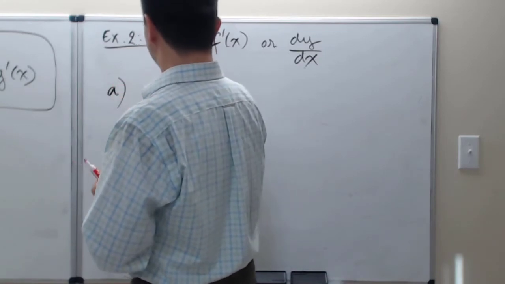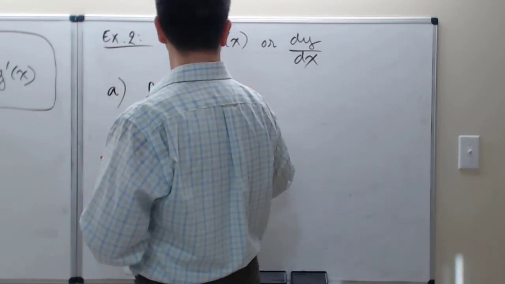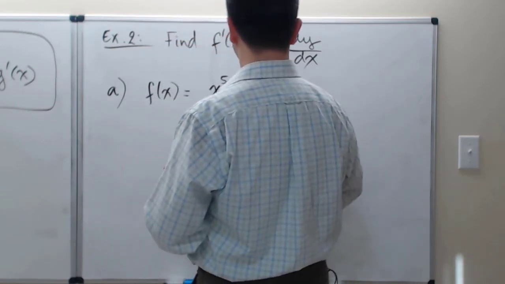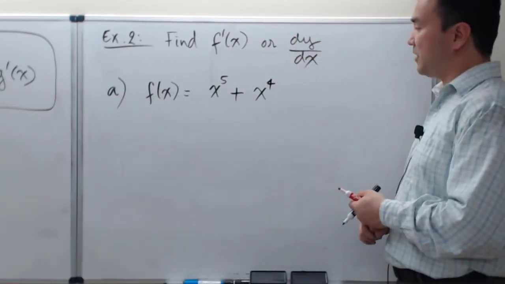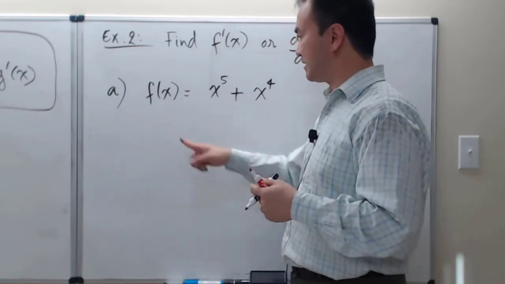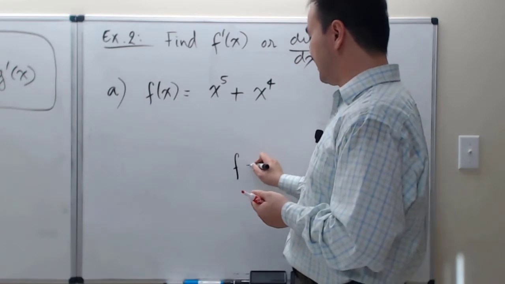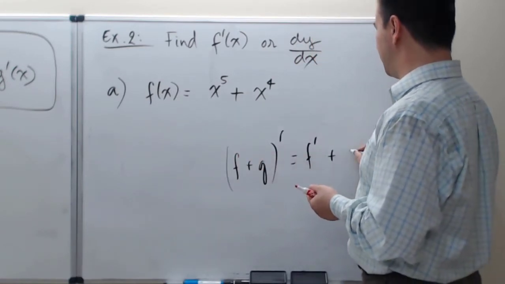Part A, our function is going to be, how about x to the 5th plus x to the 4th. And I have to also make clear that this is just a naming choice. In our formula, we already use f and g: f plus g, take the derivative is f prime plus g prime.